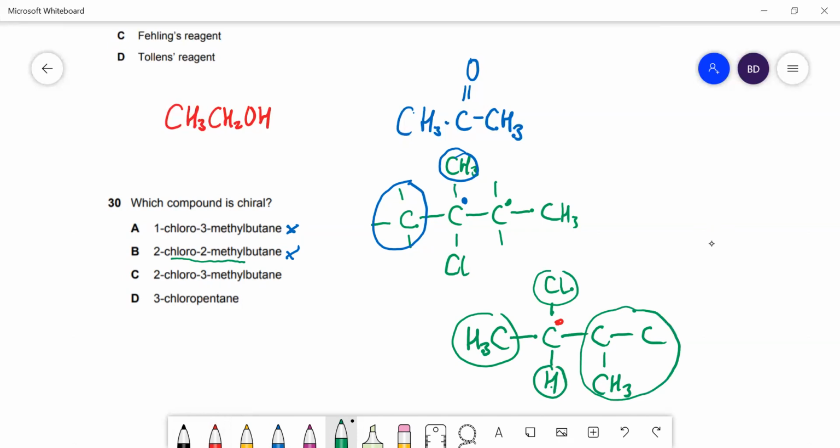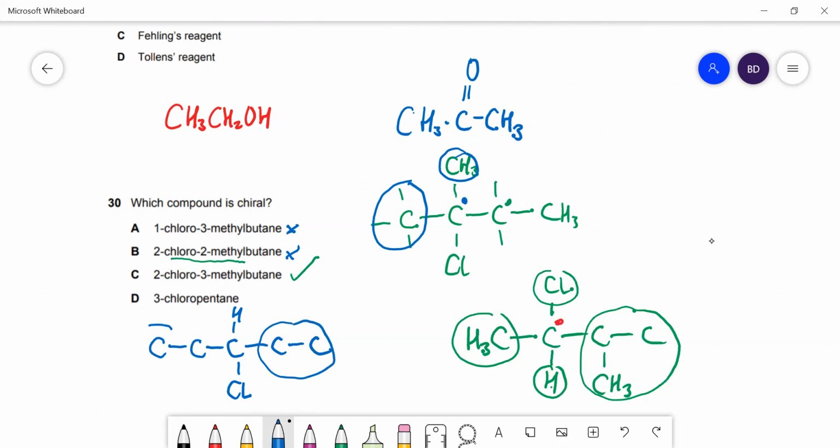So that is the answer. And just to check, 3-chloropentane isn't chiral, because if we draw it out, you've got 5 carbons, put a chlorine on there. That's not chiral because you've got 2 ethyl groups, haven't you? They're the same. So C is our answer there.